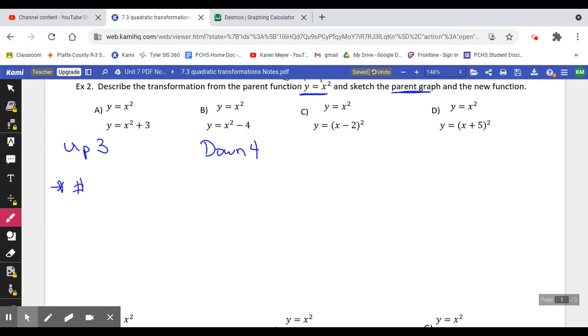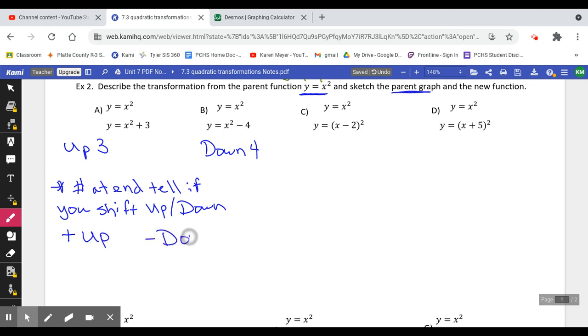The number at the end will tell you if you shift up or down. So if it's a plus number, you go up, and if it's a minus number, you go down. But it has to be behind the x squared.